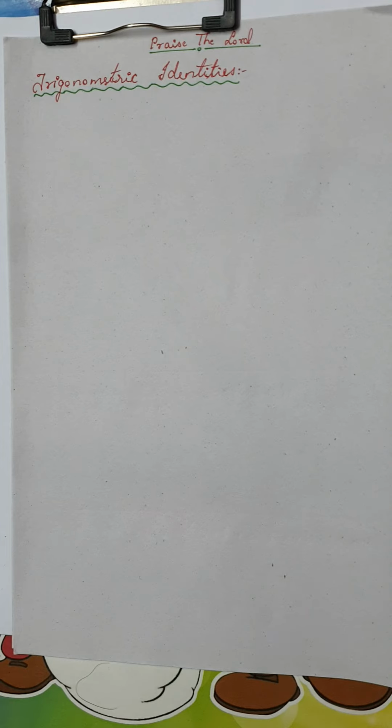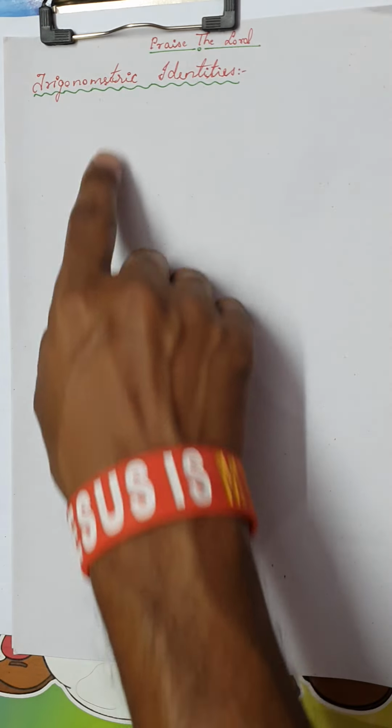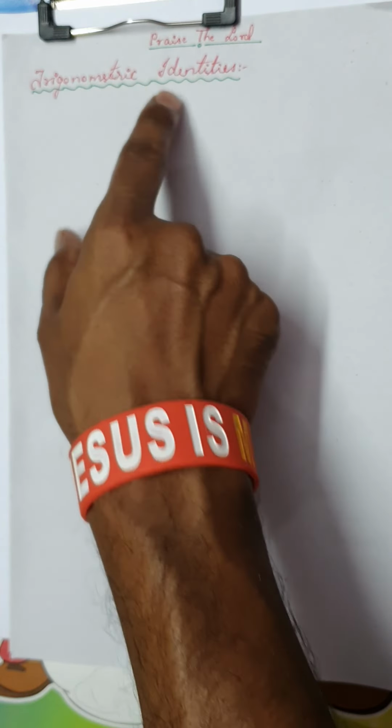Dear students, in the past three videos, we have seen the basic concepts of introduction to trigonometry in detail. I believe that you have already seen those three videos. So this is the fourth video on the chapter of trigonometry, and this video is a very important video because in this class we are going to discuss one of the basic and very important concepts in trigonometry called trigonometric identities.